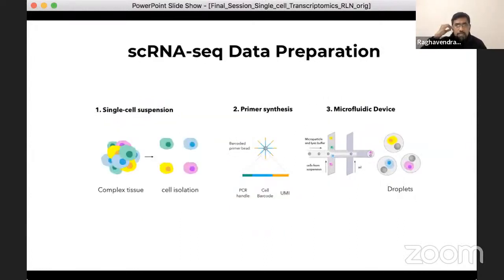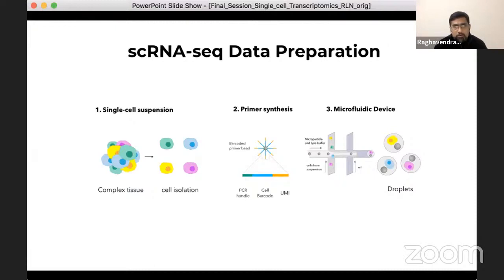So the microfluidics-based single cell RNA-seq can be covered in some major steps that we are going to discuss in a few slides, two or three slides. First, in the preparation stage, cells are suspended from a complex tissue to isolate them into different cell types based on different isolation methods.